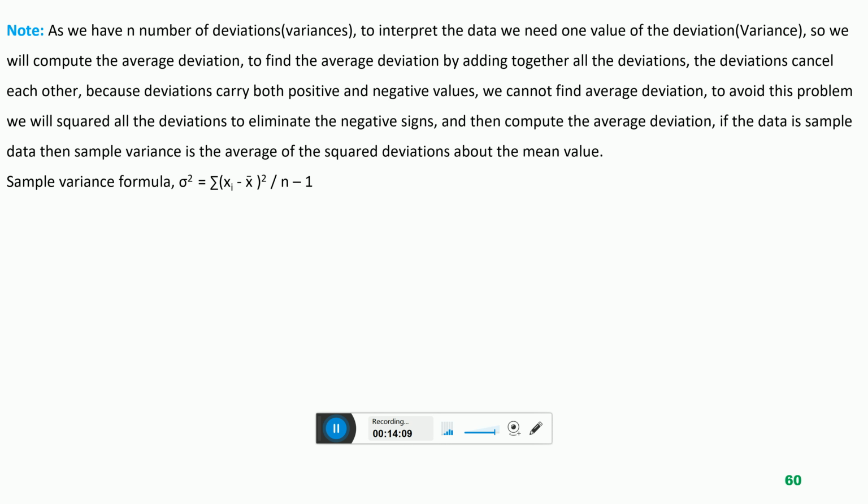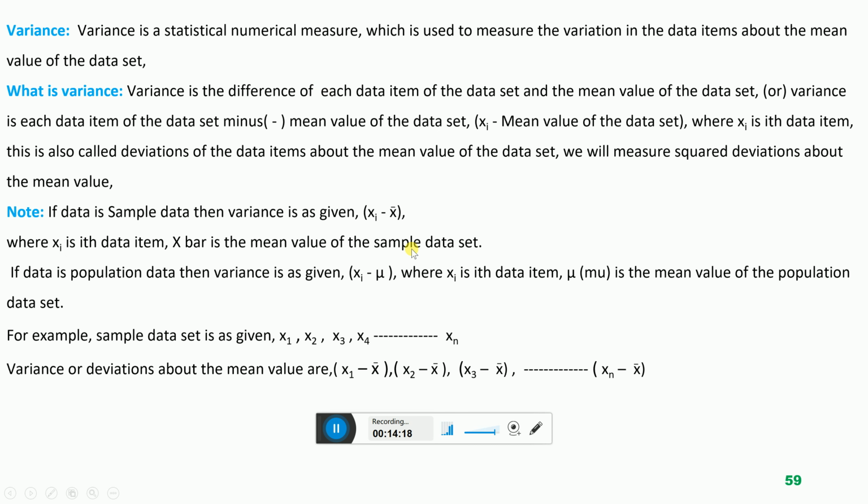Let me elaborate again what this theory means. Let me take you back to the variances. For this data set, I find n number of variances. So using n different variances, using n different deviations, I cannot interpret the data.